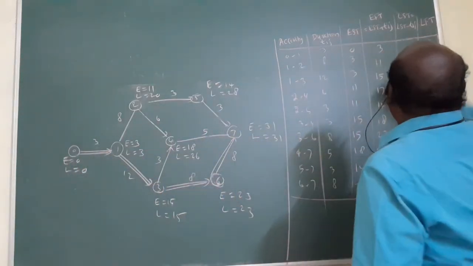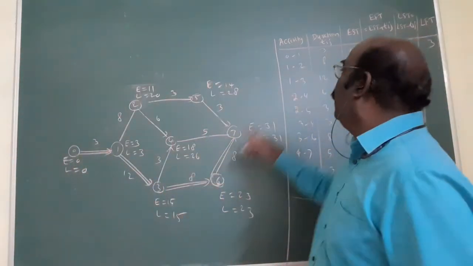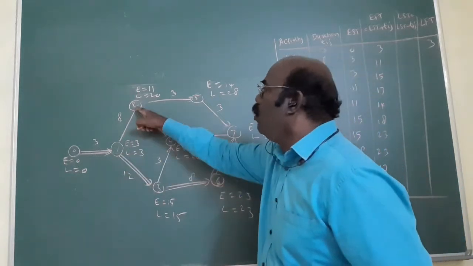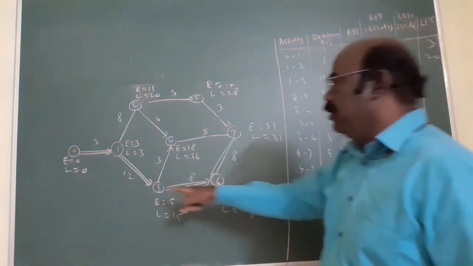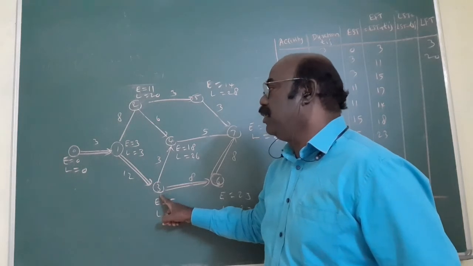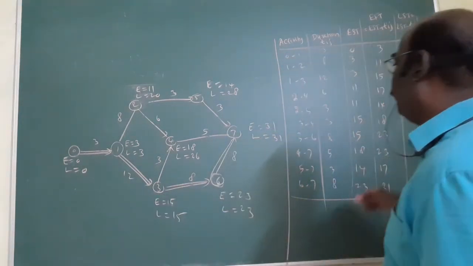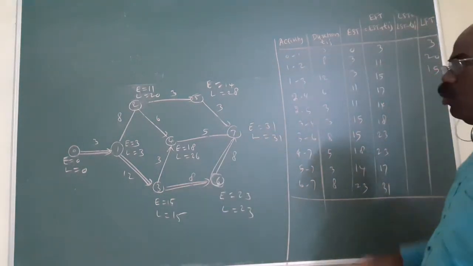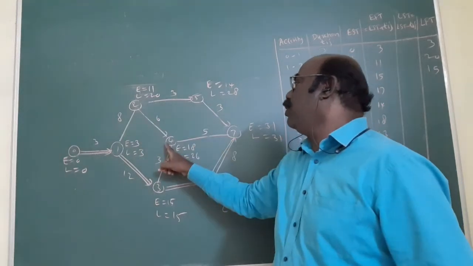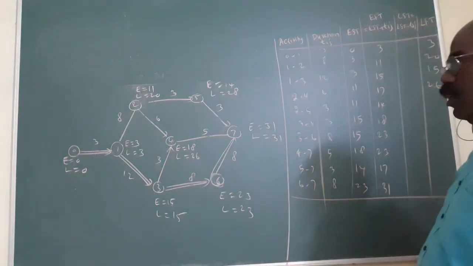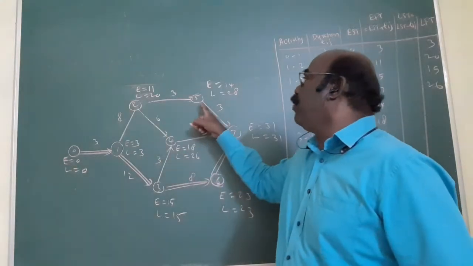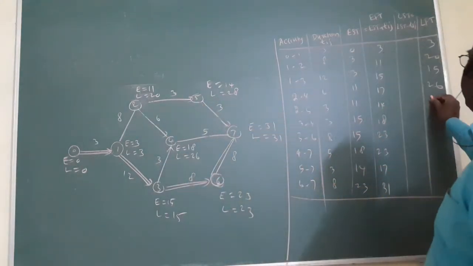Next set. 1 to 2, L is 20. 1 to 3, here L is 15. 2 to 4, L is 26. 2 to 5, 28.